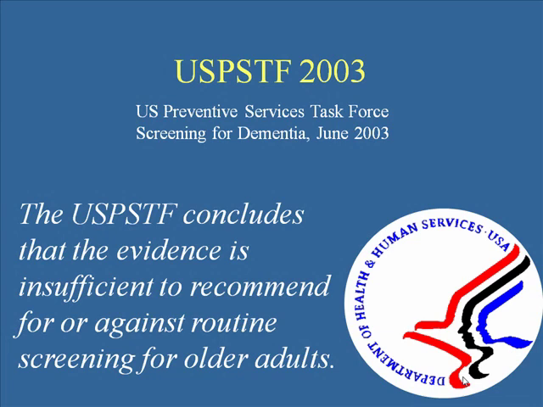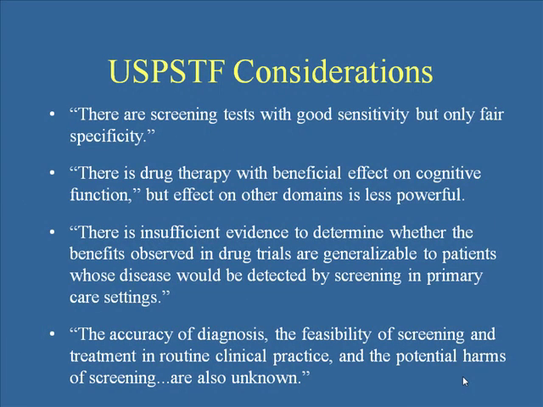We recognize the burden of unrecognized cognitive impairment, and yet our colleagues at the U.S. Preventive Services Task Force reviewed this area of interest in 2003 and concluded that the evidence was insufficient to recommend for or against routine screening for older adults in primary care settings. I'd ultimately like you to be able to reflect on that recommendation and draw your own practice conclusions.